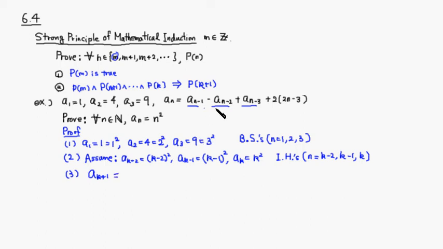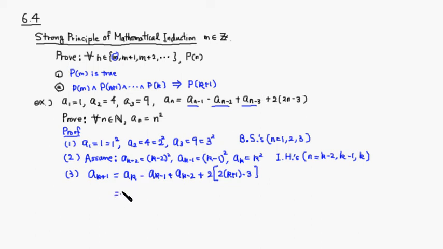We can use this recursive relation, so it's going to be one before: a_k minus a_(k-1) plus a_(k-2) plus 2 times, now n is k+1, so it's (k+1) times 2 minus 3. So let's simplify this.